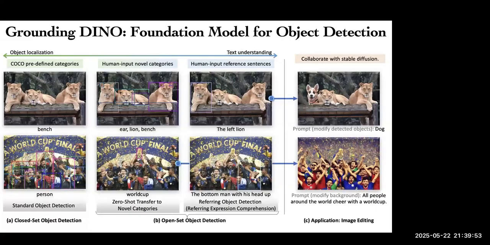Then you also have foundation models for object detection, such as Grounding DINO. Again, it can handle closed set and open set object detection, and with that, it can support image editing. So it's trying to bridge the 2 extremes, object localization and text understanding, into one.